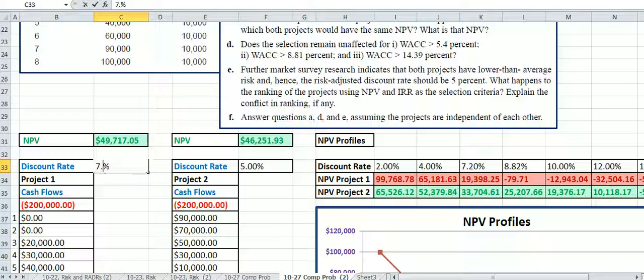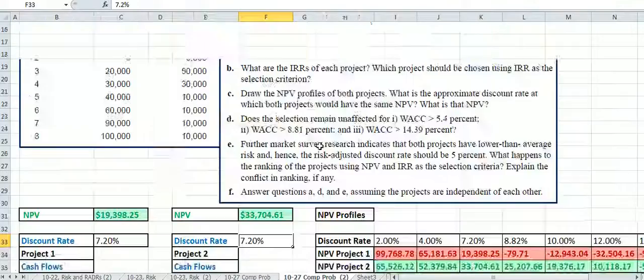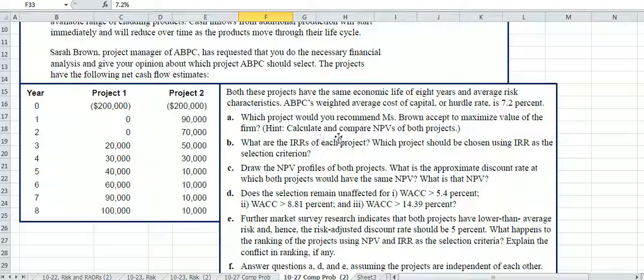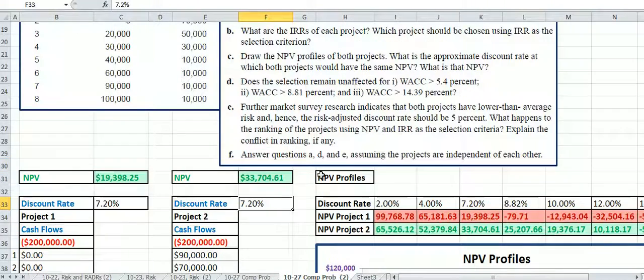Let's go back and put in 7.2 here and 7.2 here, and we're going to say, okay, A, D, and E. And so A is, which project would you recommend? Well, at 7.2, they're both positive. So if they're independent, that means you don't have to choose. You can do either or both. So you would do both because both projects have a positive net present value.